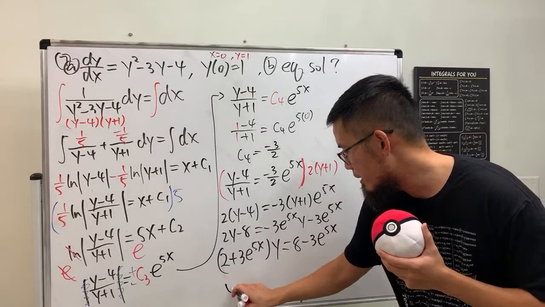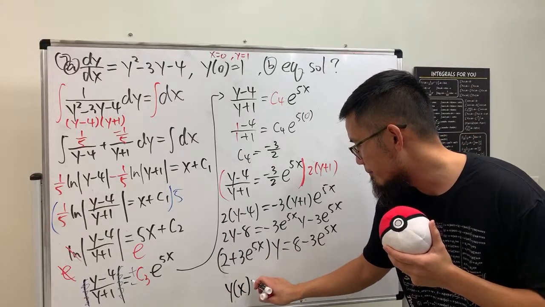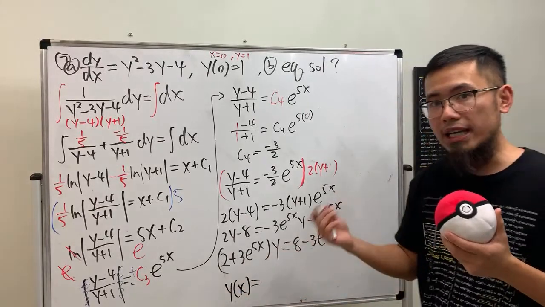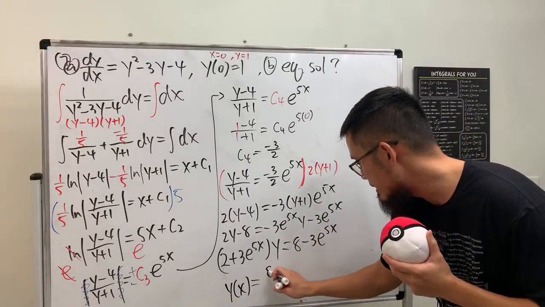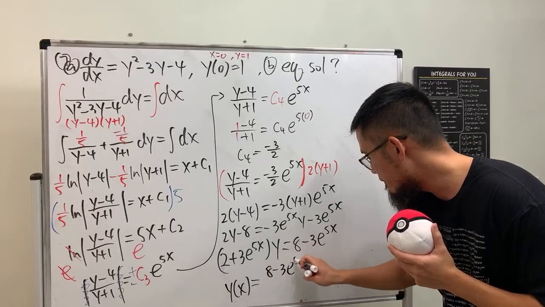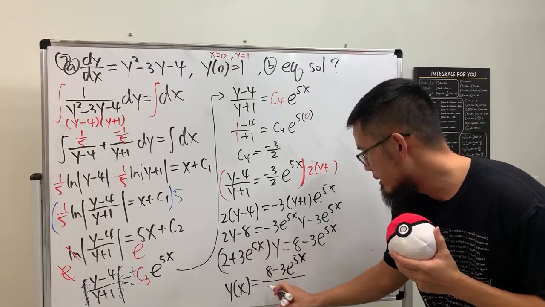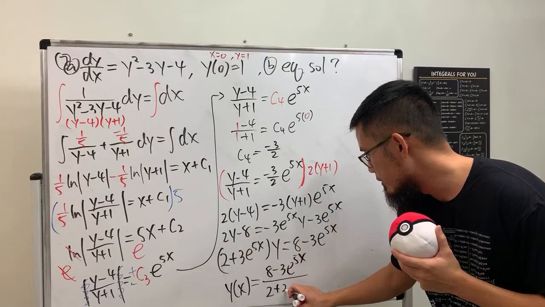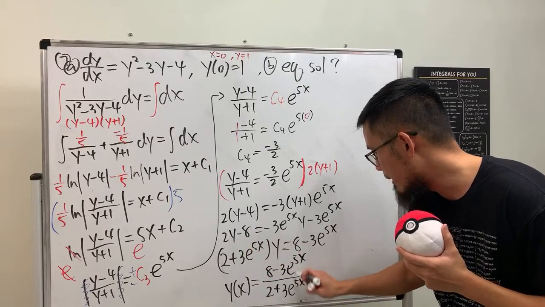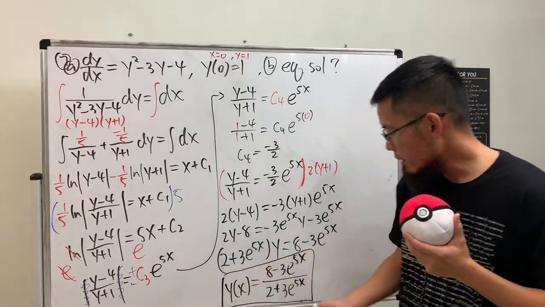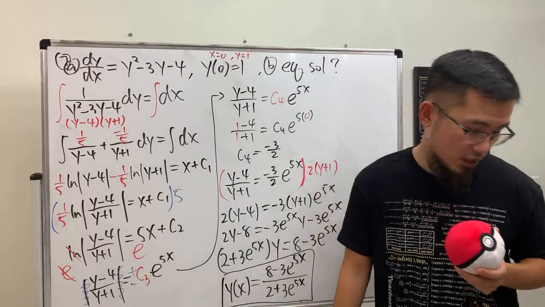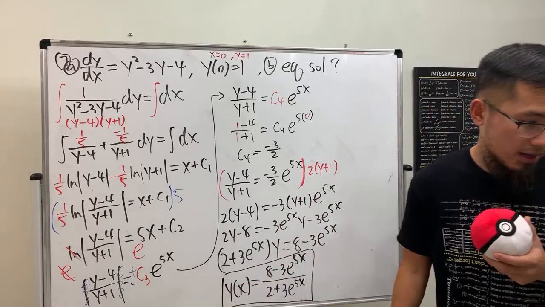So ladies and gentlemen, y as a function of x, this is not multiplication, y as a function of x is equal to this guy, which is 8 minus 3e to the 5x over 2 plus 3e to the 5x. So this right here is the solution to that differential equation.